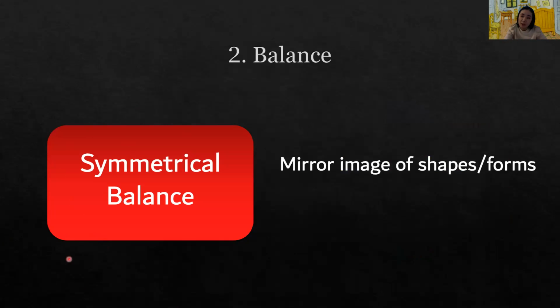Symmetrical balance is the mirror image of shapes or forms on either side of an imaginary axial dividing line. So the elements correspond to one another in size, shape, and placement. Let me show you examples.